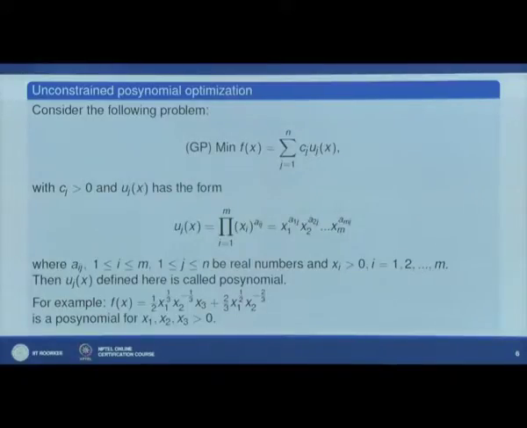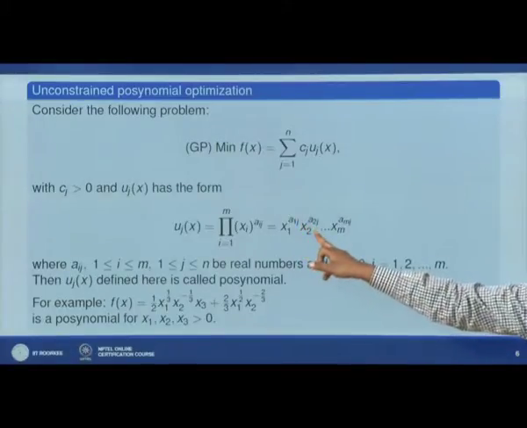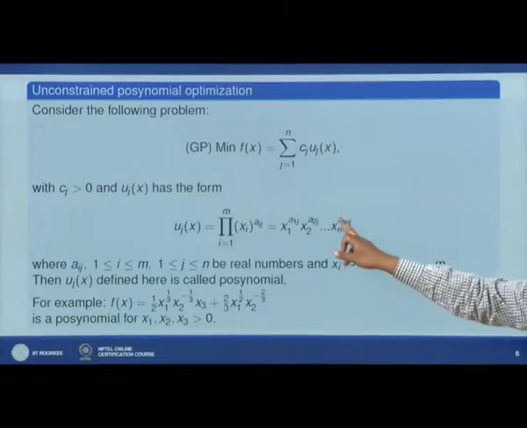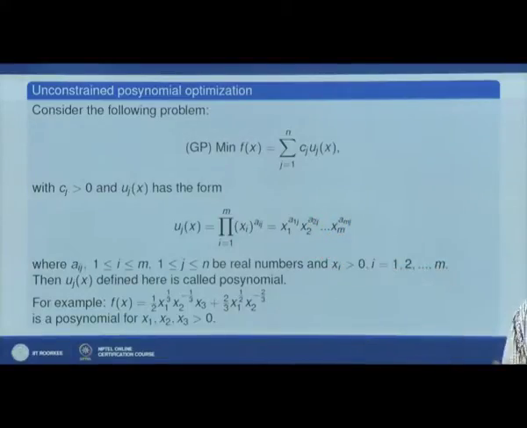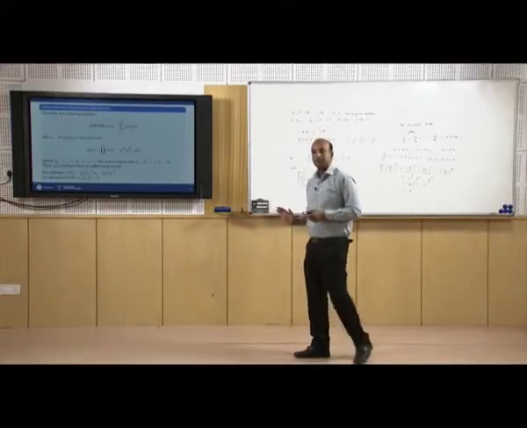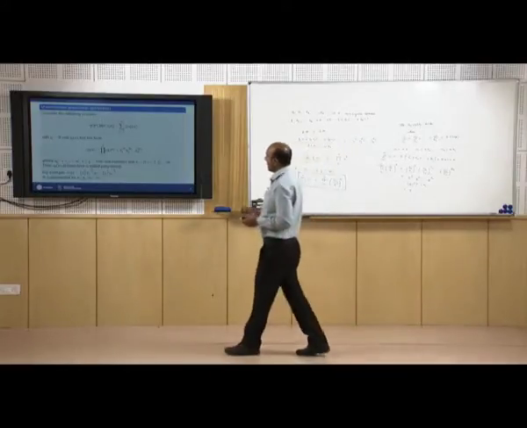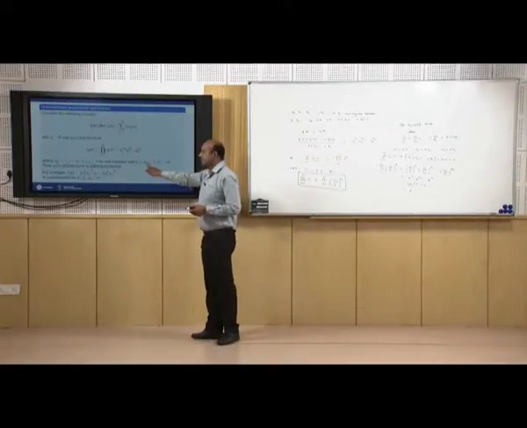So, if you simplify this, then it is x1 raised to power a1j, x2 raised to power a2j and so on, xm raised to power amj. These aij are any real numbers, may be fractions, may be negative. Okay. And xi's, we are assuming, are strictly greater than 0, i from 1 to m.